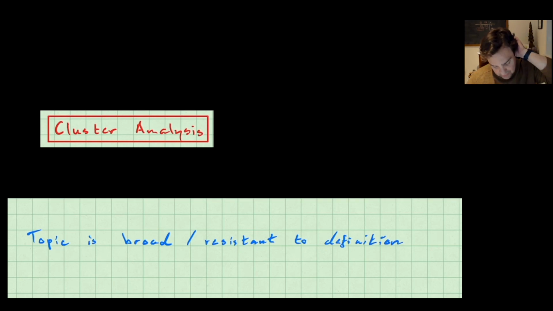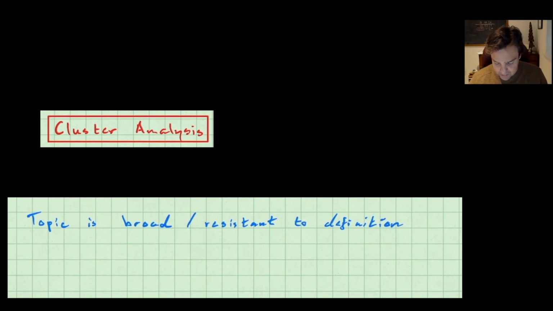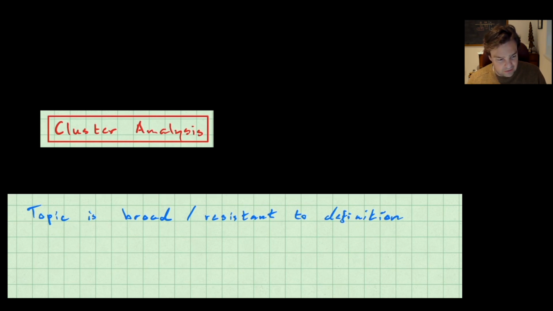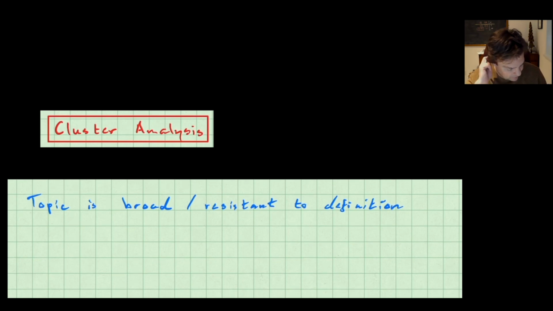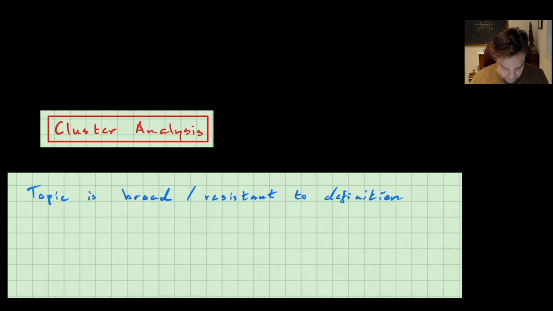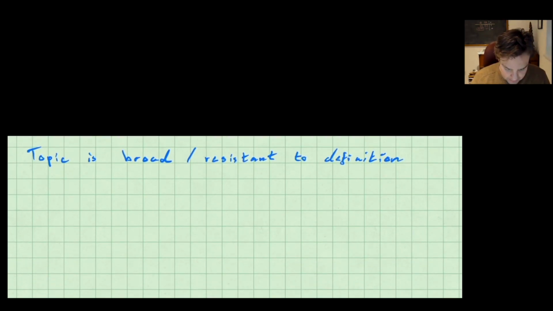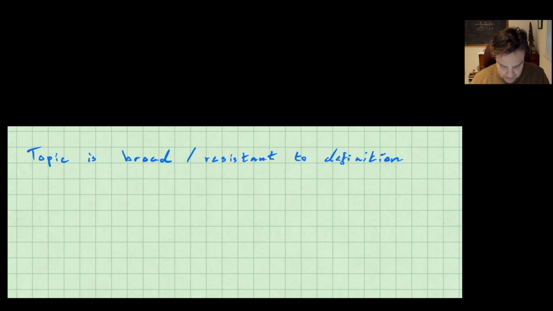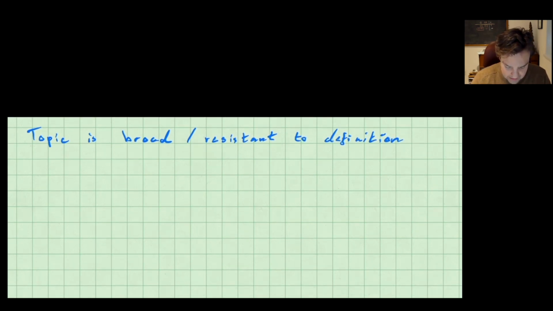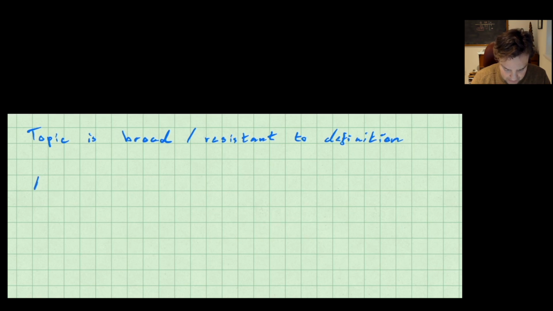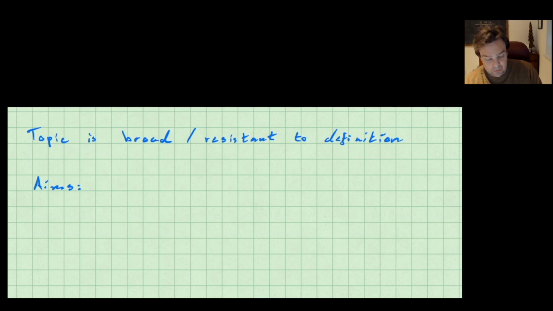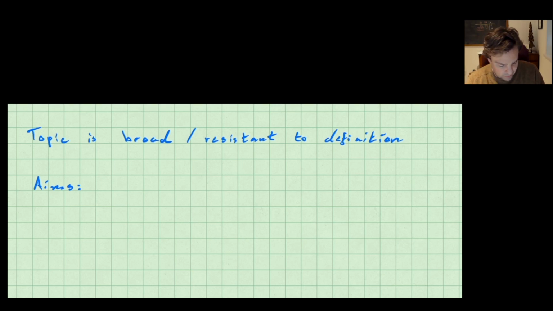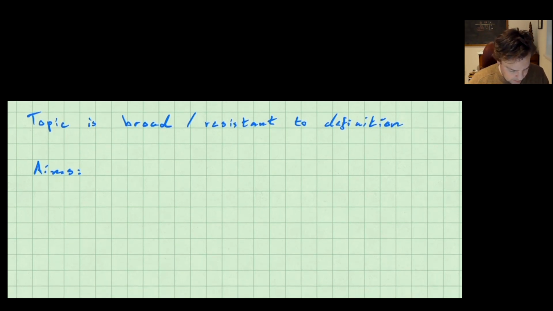There might be various different interpretations, and people who disagree on what qualifies as clustering or not, but that's certainly not particularly new to many of the things that we've covered, and to multivariate analysis as a whole. I just want to describe what I think are the key aims of the topic. After this little chat, we're going to go and do a bunch of work in code. So we'll be there in a moment.